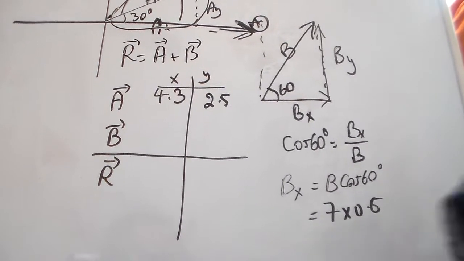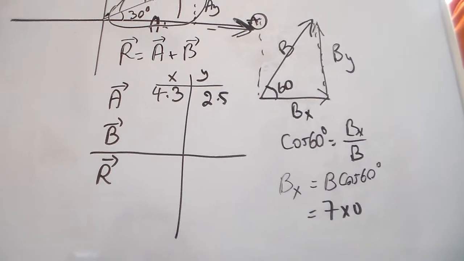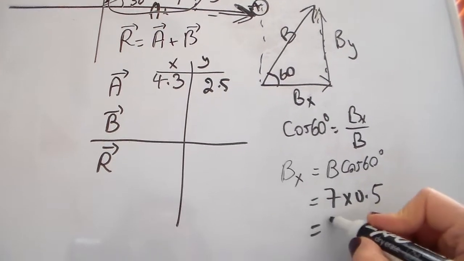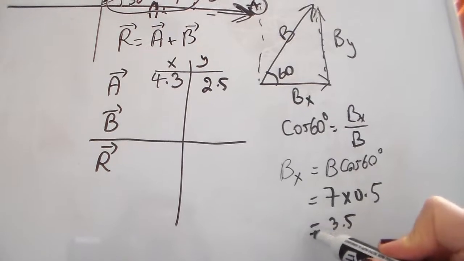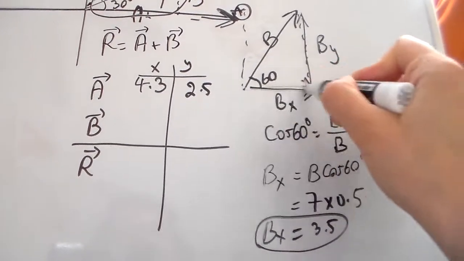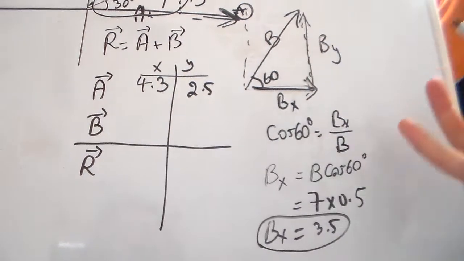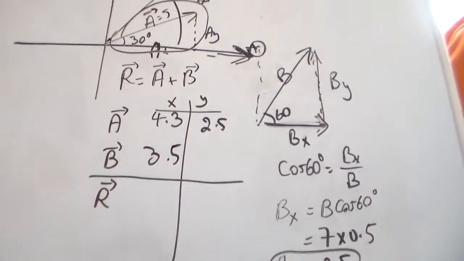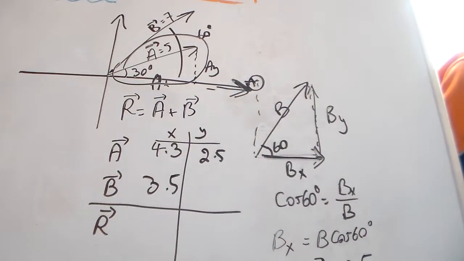So that is 3.5. Let's see what the direction of BX is. It turns out it's in the same direction as AX, so they're both positive. So we enter 3.5 with a positive sign in our chart.